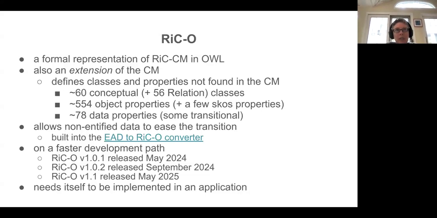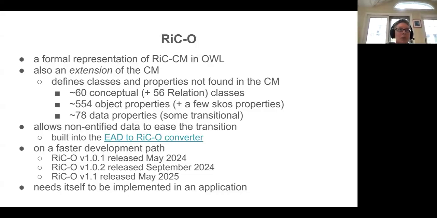Their whole reason for being is to make it easier to go from EAD to RiC-O, because a lot of our data is not entified. So we don't have an instance of a class. We don't have that identity record for everything.